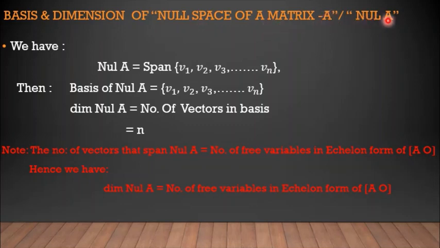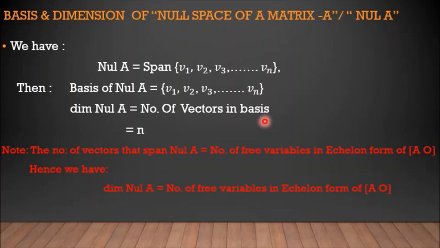That is for null A, we call it as. So here we have, as we observed in the previous problems and definition, null A is equal to span of some given vectors. Then basis of null A will be equal to the set of these vectors. Then dimension of null A is nothing but the number of vectors in its basis.